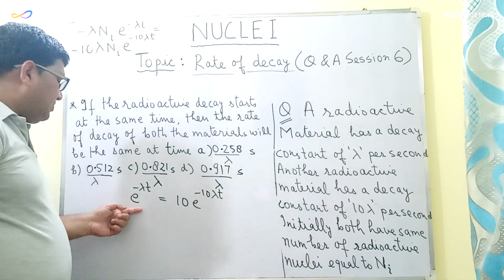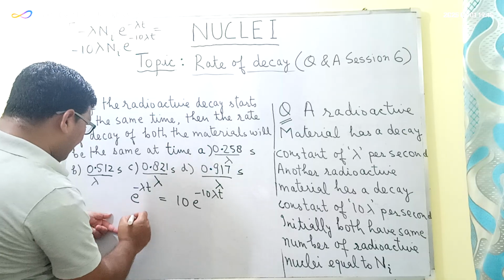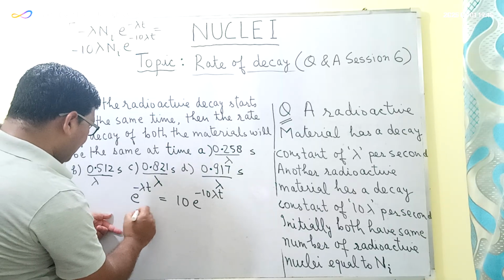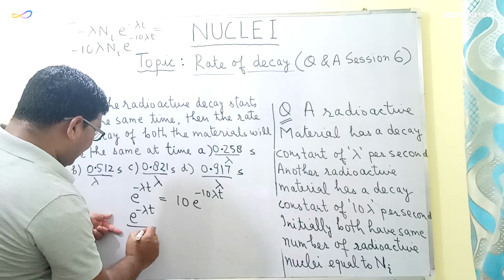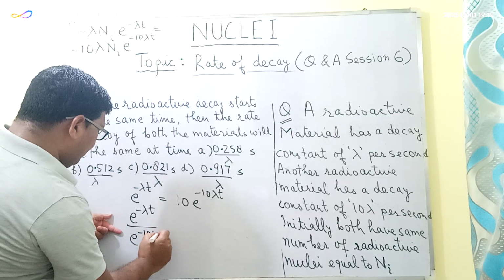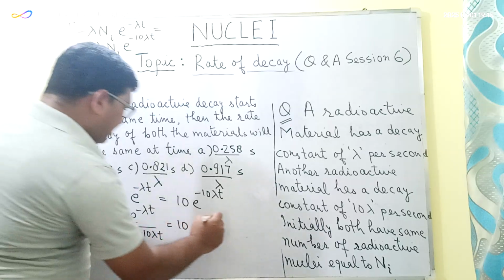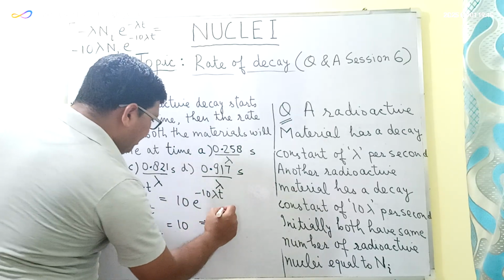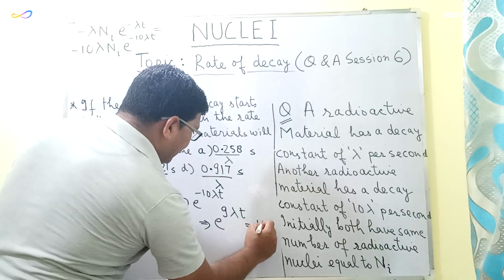Now dividing this equation on both sides by e to the power minus 10 lambda t, I will get e to the power minus lambda t divided by e to the power minus 10 lambda t equal to 10, which implies that e to the power 9 lambda t is equal to 10.